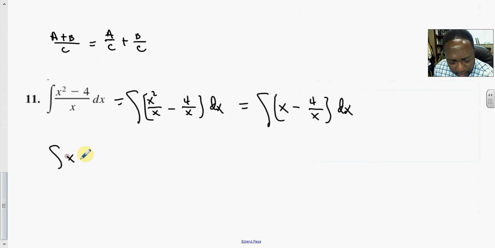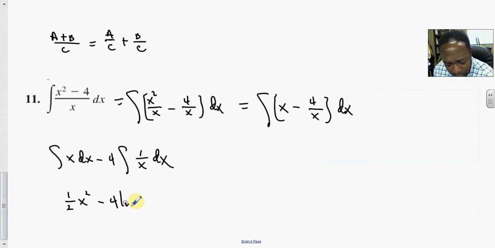So this is the integral of x dx minus 4 times the integral of 1 over x dx. So here we have 1/2 x squared, you just integrate that directly, minus 4 times the natural log of the absolute value of x plus c.